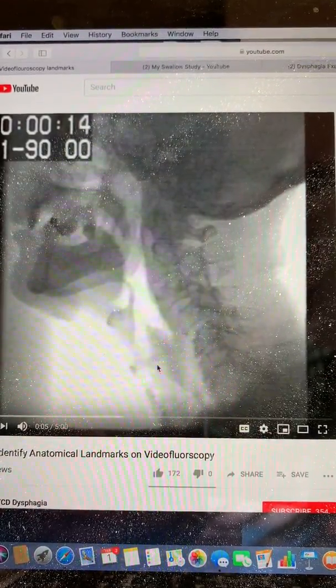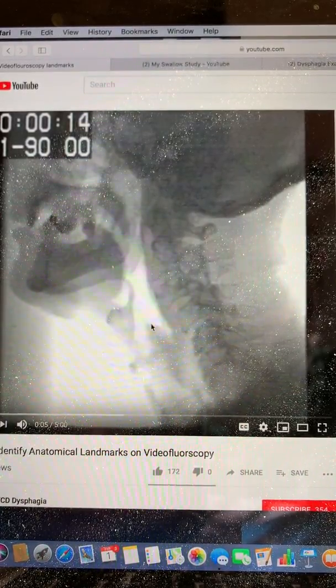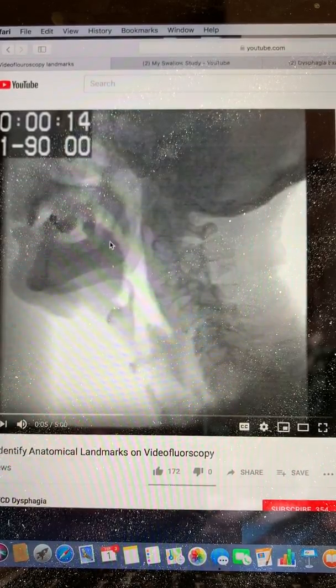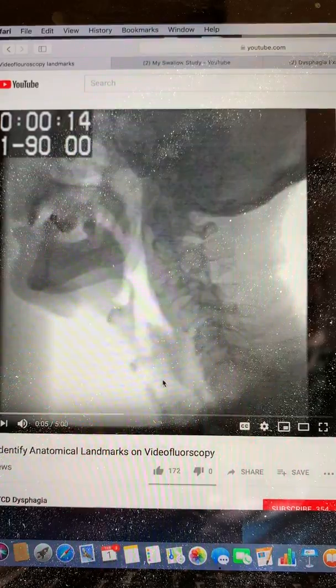So here's the airway. So this epiglottis is going to fold all the way down to the arytenoid cartilage to avoid the bolus or liquid from going into the airway.